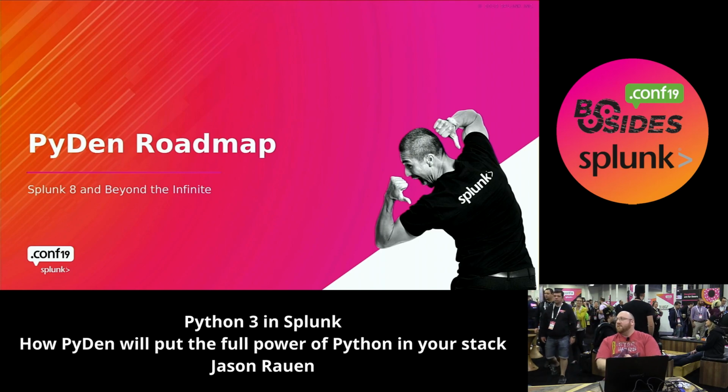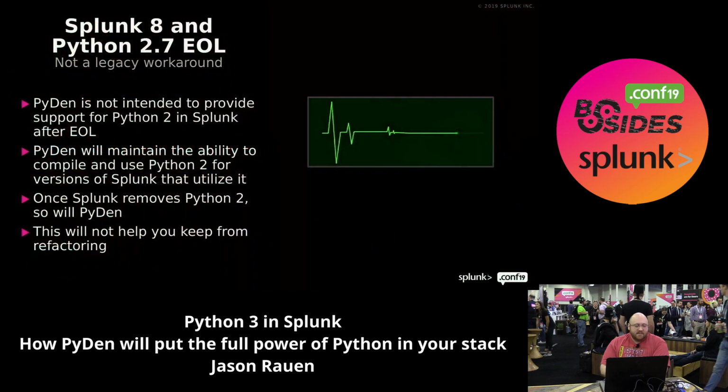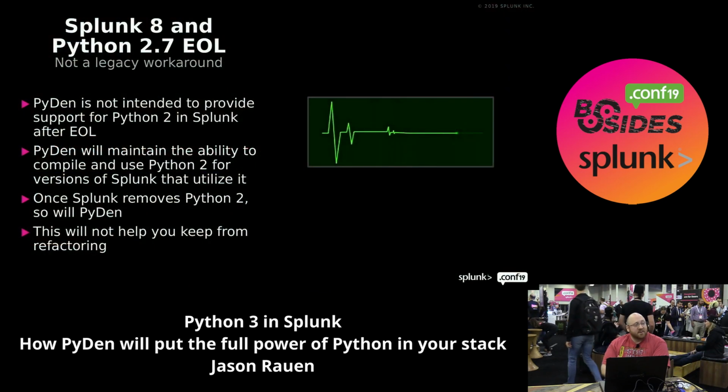So what's in the future for PyDen? Obviously, this is still a little on the experimental side and kind of manual at points, and that's all on me. The first thing it's not, though, is a way to continue to use Python 2.7 after end of life. Don't do that.